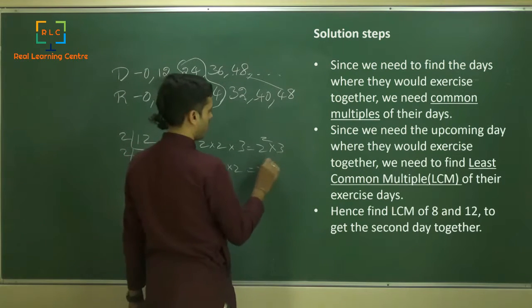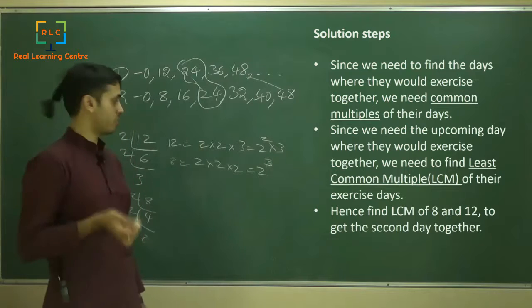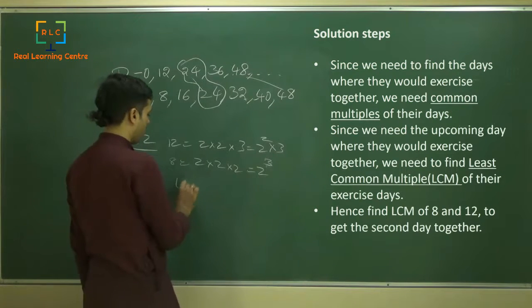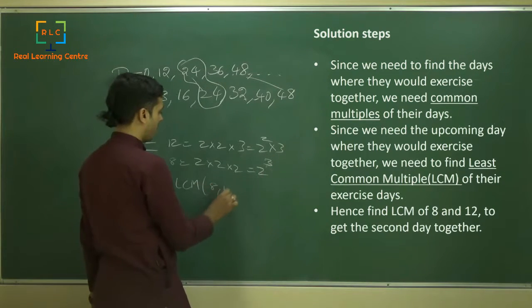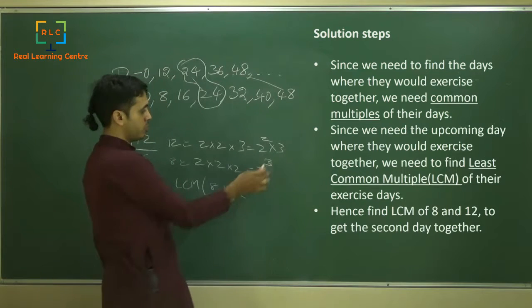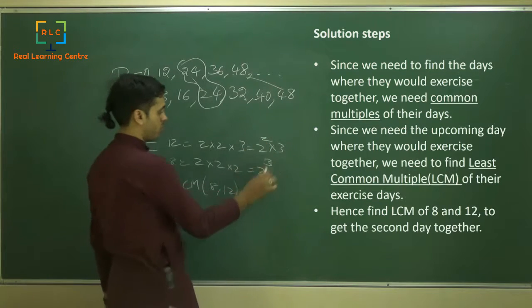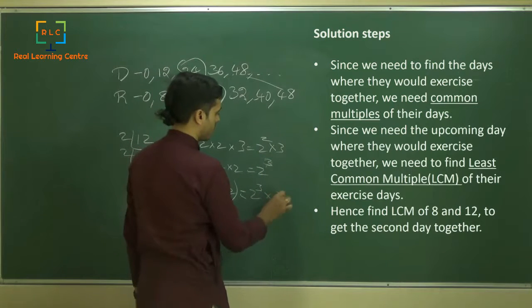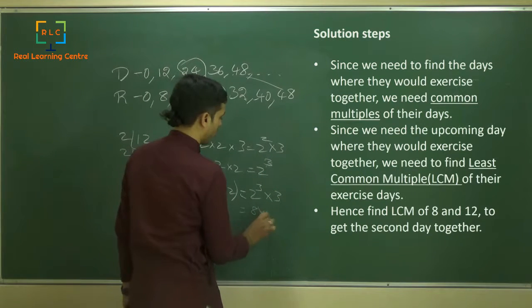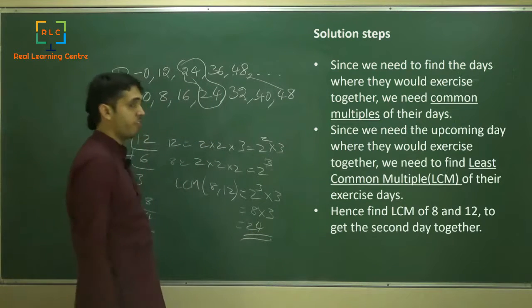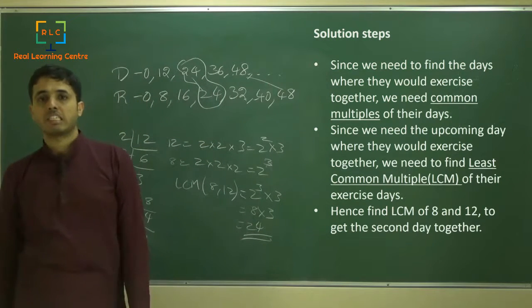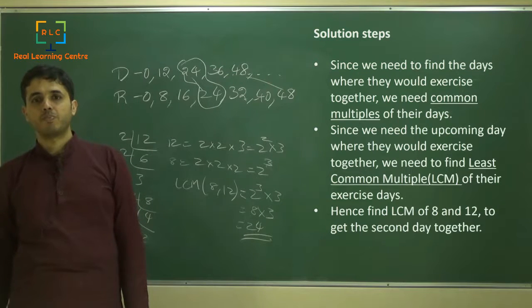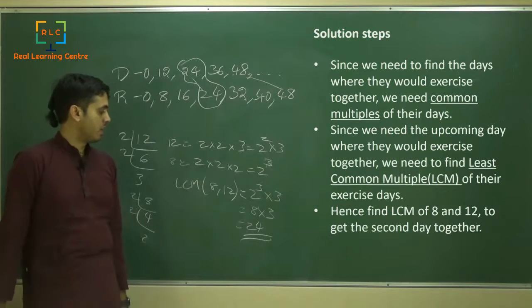Sorry, I have to find the highest possible power. Okay, LCM of 8 and 12: highest power of 2 is 2 cube, and 3 is another factor, whose highest power is here, equal to 8 into 3, 24. So after 24 days they would exercise again together for the second day.